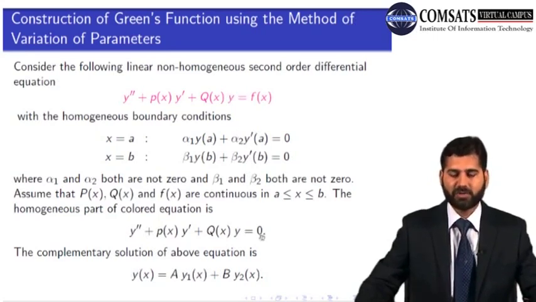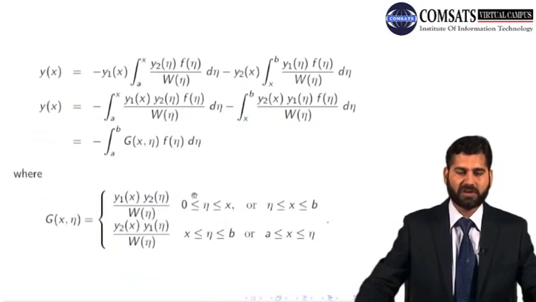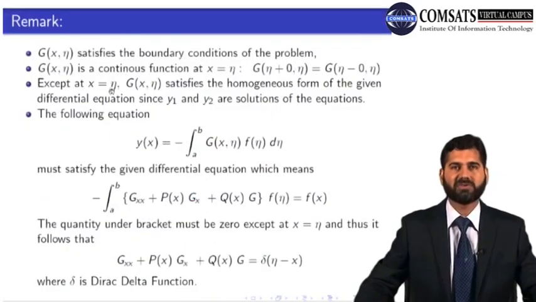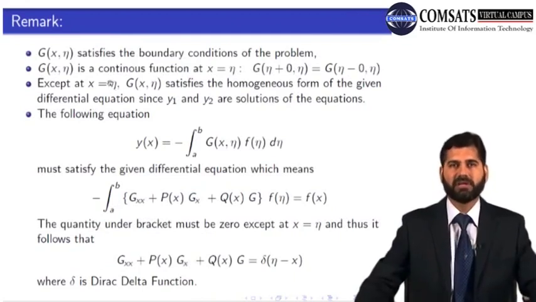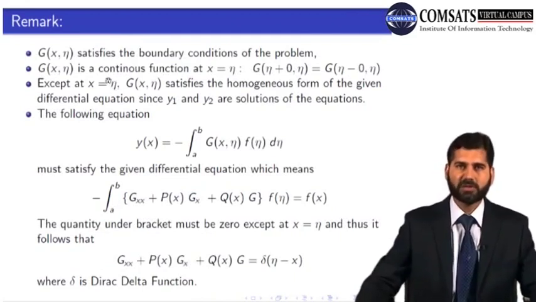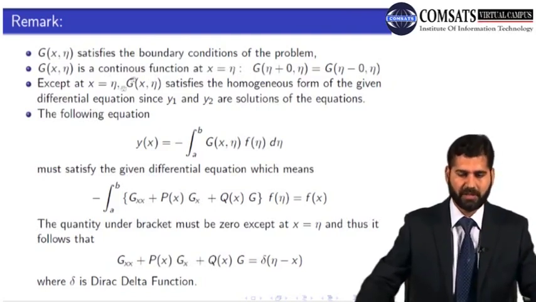So if x is not equal to eta, we have the homogeneous equation for the Green's function, and the Green's function will satisfy the homogeneous equation. That's why we wrote here except at x equal to eta, because at x equal to eta, the right hand side blows up. So whenever x is not equal to eta, G(x) will satisfy the homogeneous equation.